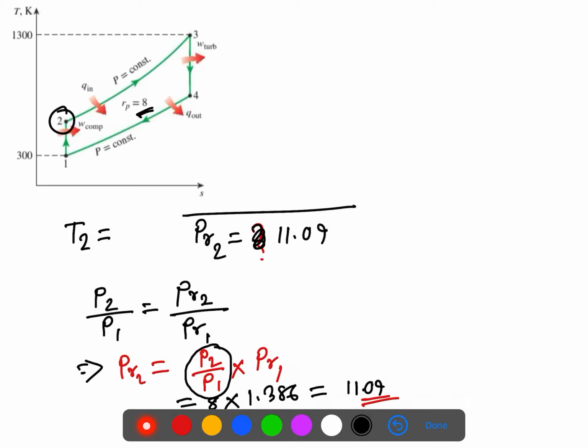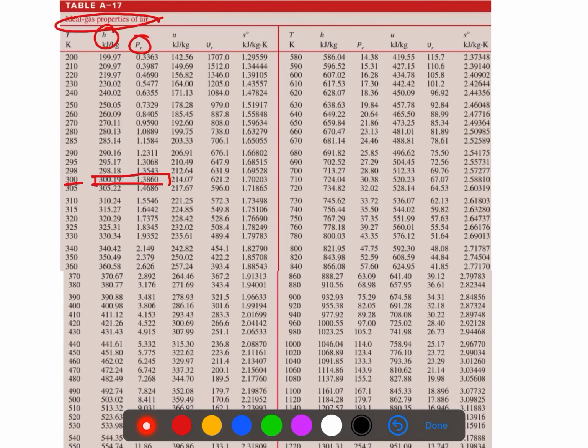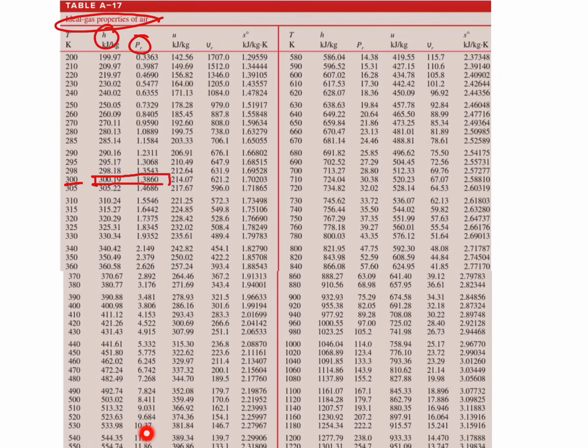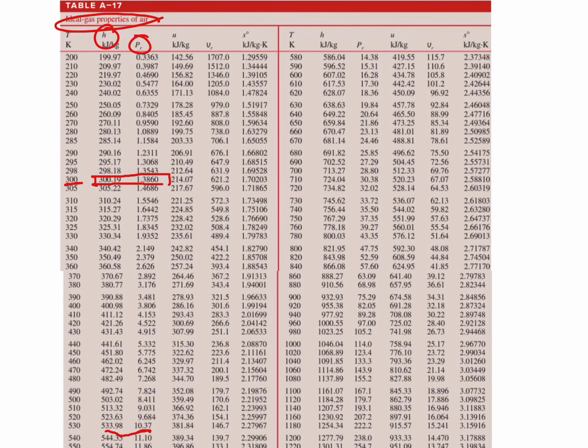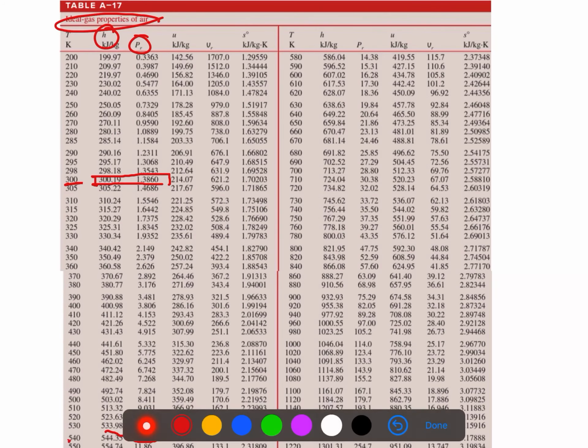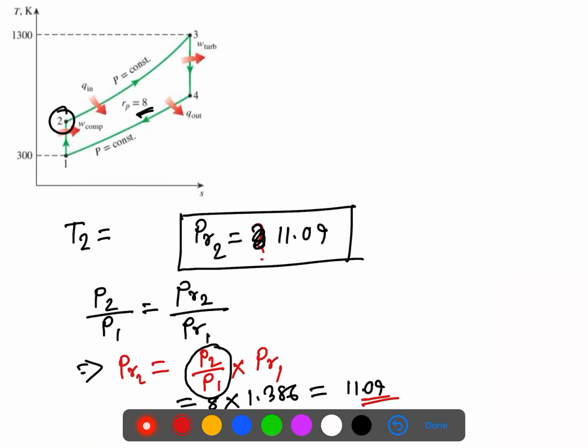Okay. So for this 11.09, we will see where it is. Look, 11.09, so this is the value. It is about 11.10, and the corresponding temperature is 540. So we can say T2 is equal to 540 Kelvin. So this is the first finding according to the question.